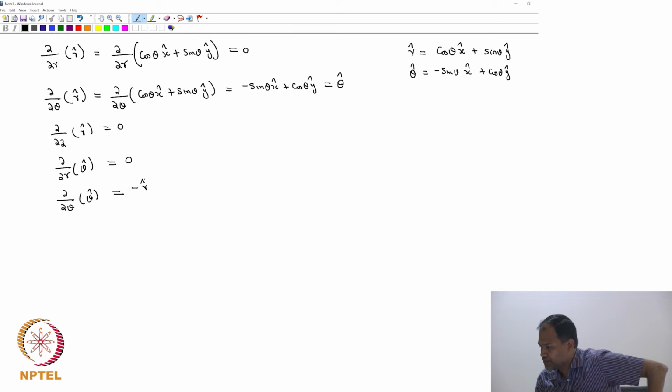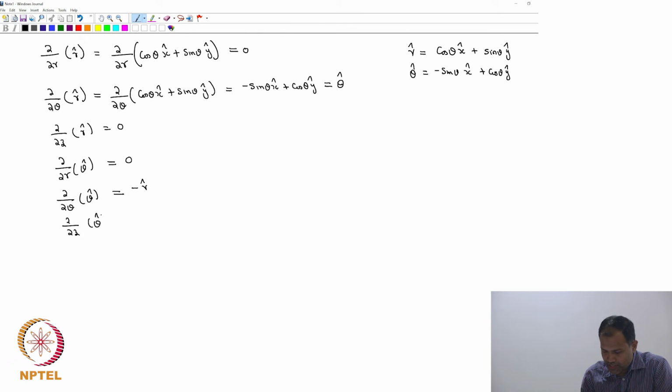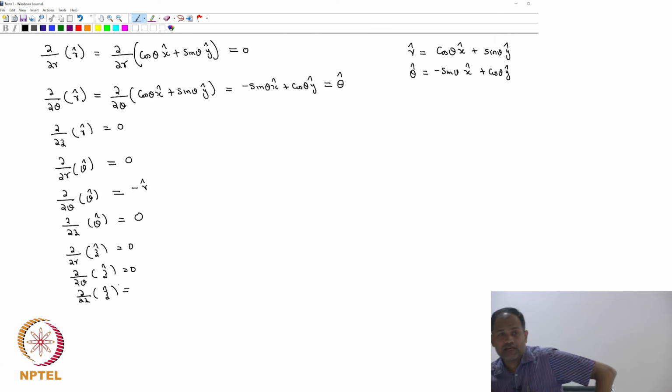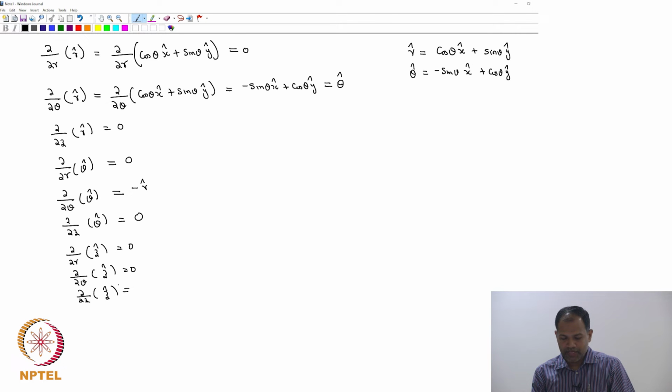Now, del by del z of theta cap is 0, del by del r of z cap is 0, del by del theta of z cap is 0, and del by del z of z cap, Prekna, what is del by del z of z cap?